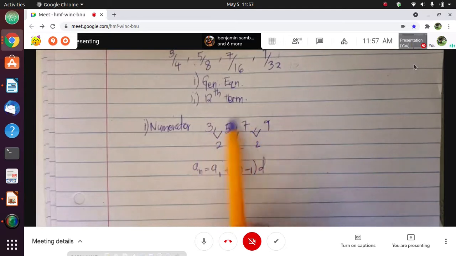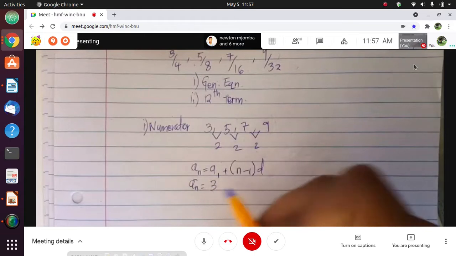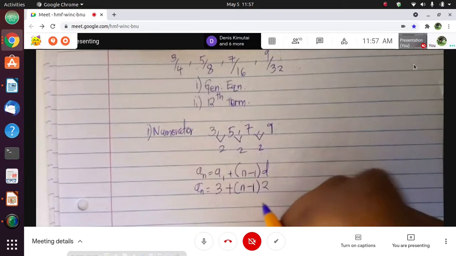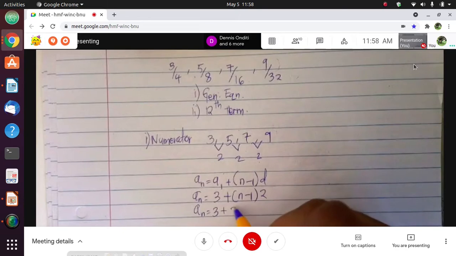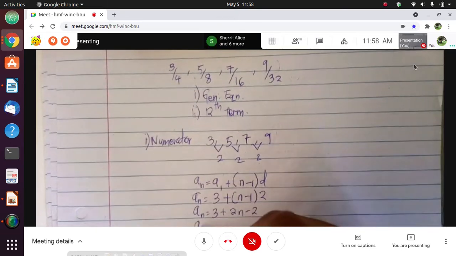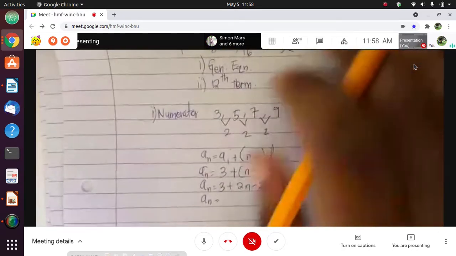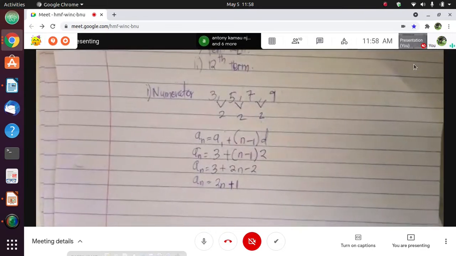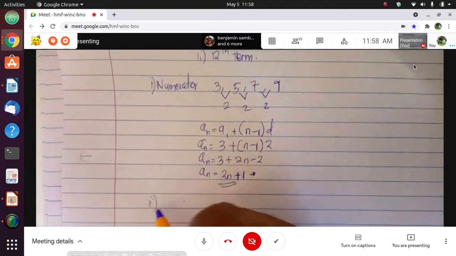Therefore, the general equation of this specific sequence will be an is equal to 3 plus n minus 1 times the common difference 2. When you open these brackets, it becomes 2n minus 2. So the general equation of this sequence is 2n plus 1. So this is the general equation for the numerator. Now the denominator.